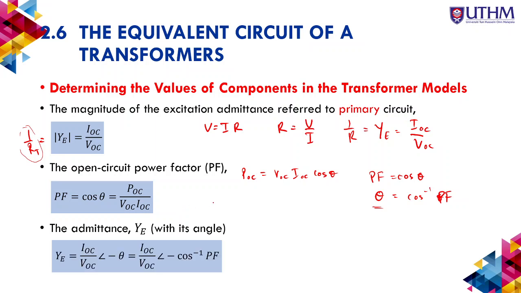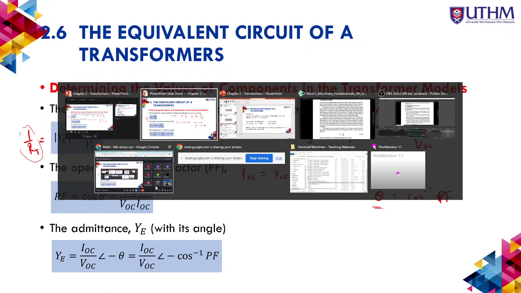So then from here we can get the angle. So once we get the angle, we must know that the I excitation is lagging. Okay, kena ingat I excitation tu lagging tau. Secara total tu dia dalam bentuk seakan-akan sine wave.